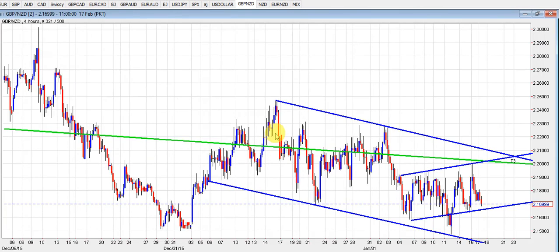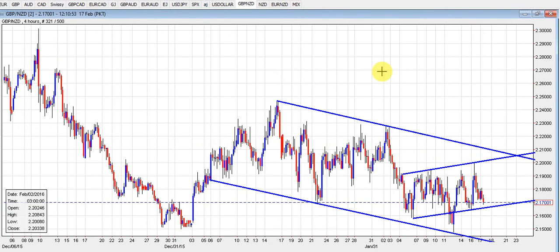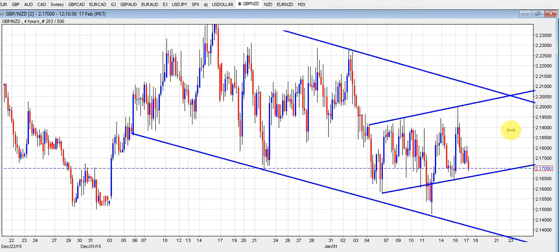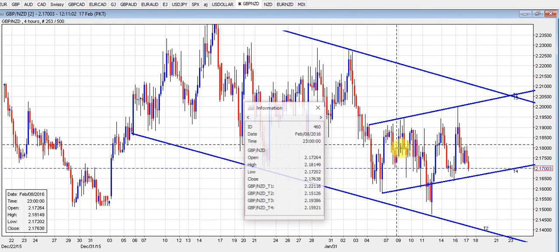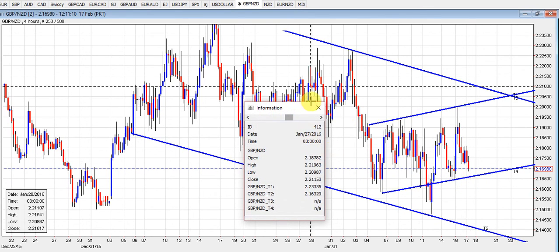Anyways, GBP NZD. Yeah, GBP NZD seems not to be in a lot of hurry. It was a good sellout yesterday, so for now, temporarily, I expect to trade. 2.1650 has been support.